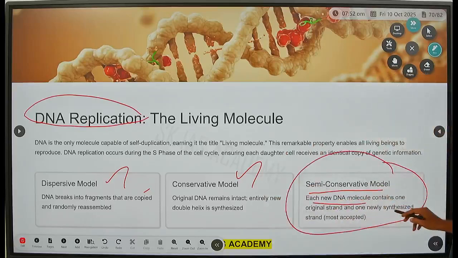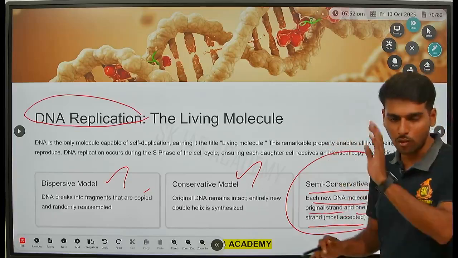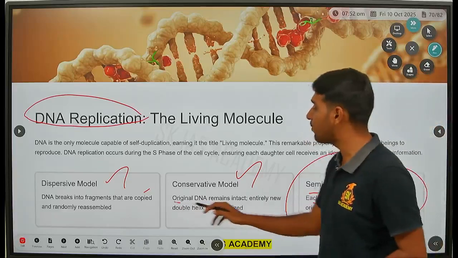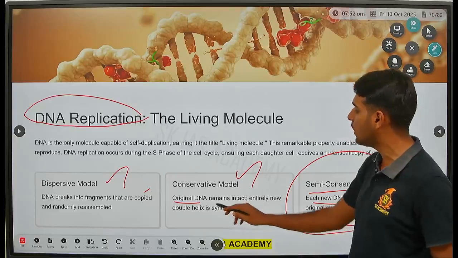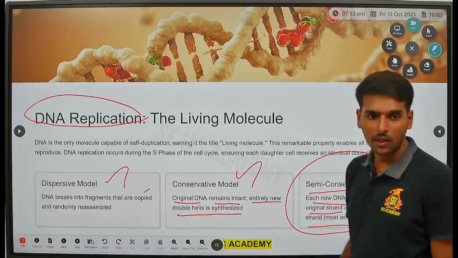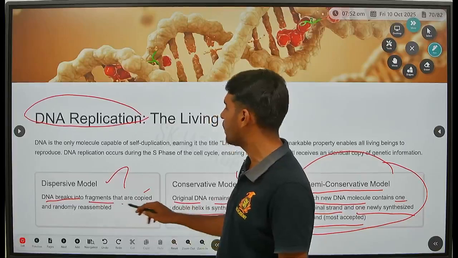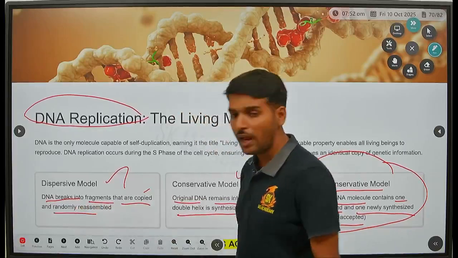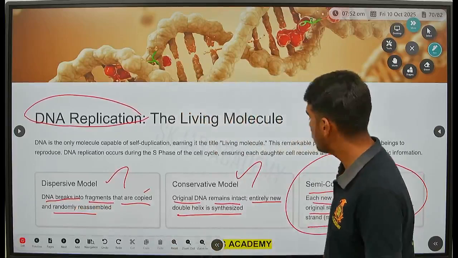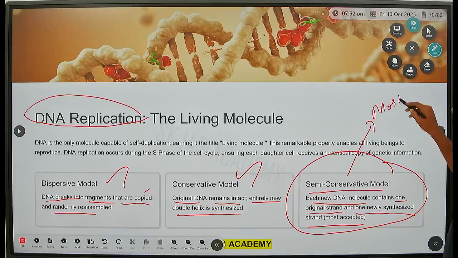Each new DNA molecule contains one original strand and one newly synthesized strand. We'll understand it through a flowchart, don't worry. In the conservative model, the original DNA remains intact and an entirely new double helix is formed. In the dispersive model, DNA breaks into fragments that are copied and randomly reassembled. Now we know that the most accepted form is the semi-conservative model.